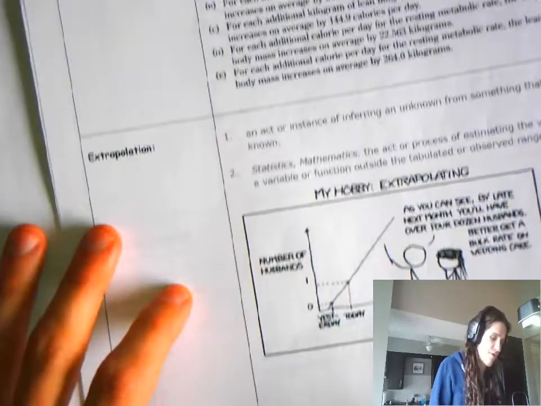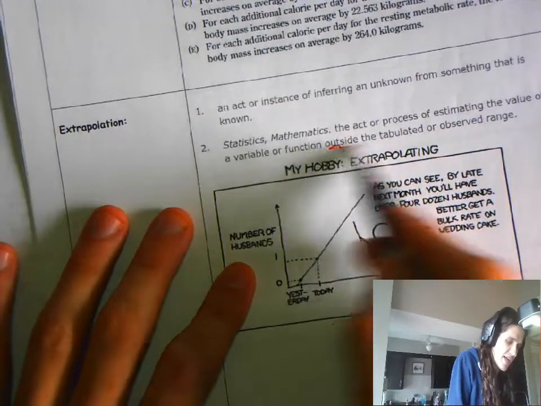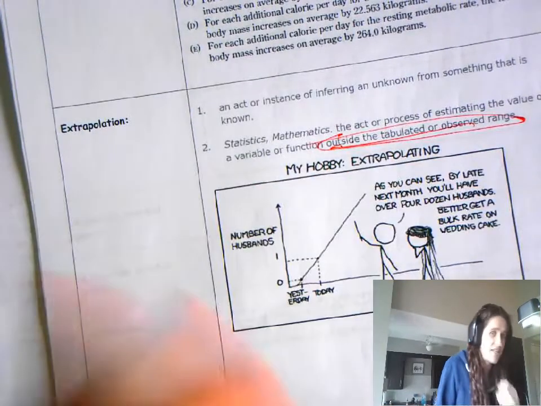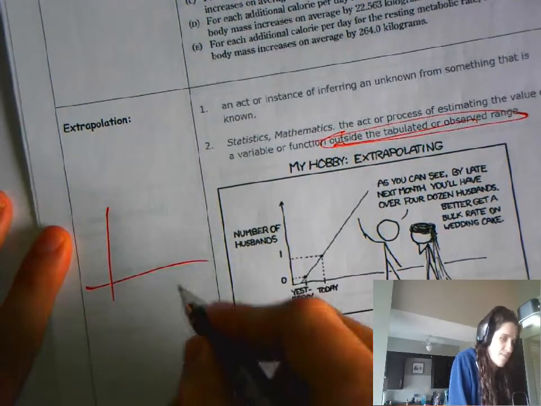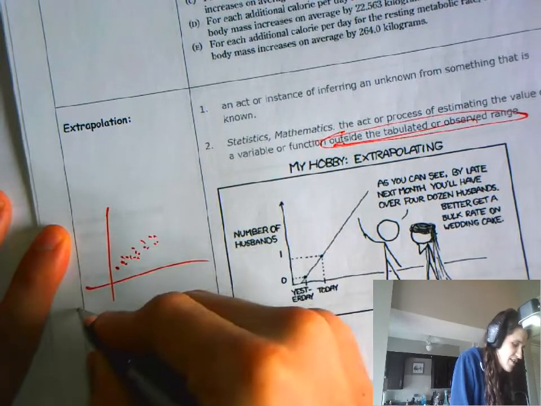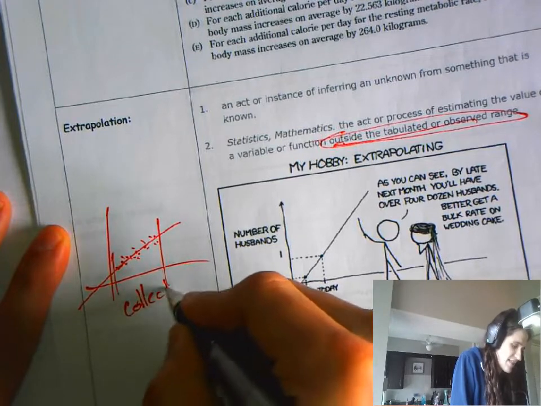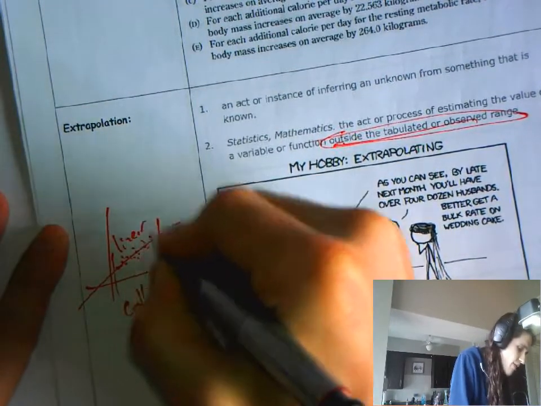Extrapolation. What is extrapolation? Inferring outside the tabulated or observed range, making predictions outside the observed values. Maybe the trend is different out there. We can put a line of best fit to it right there. This is where we collected the data, and it looked super linear there.